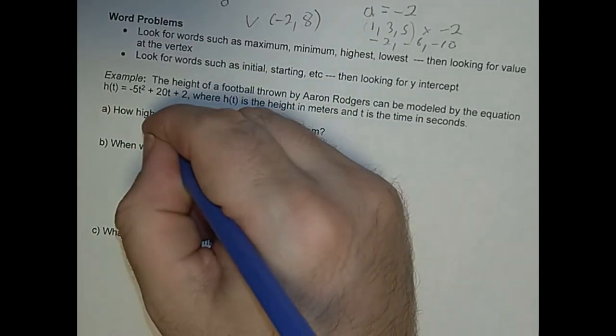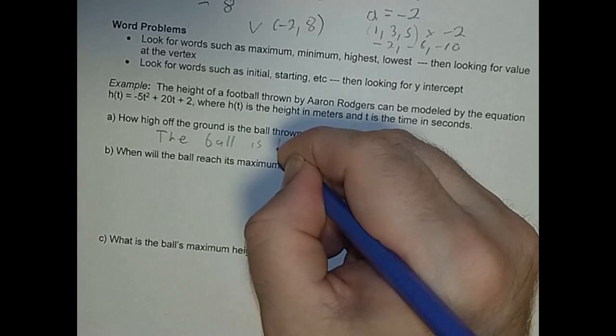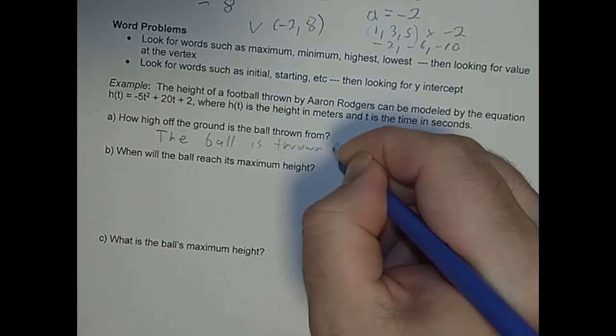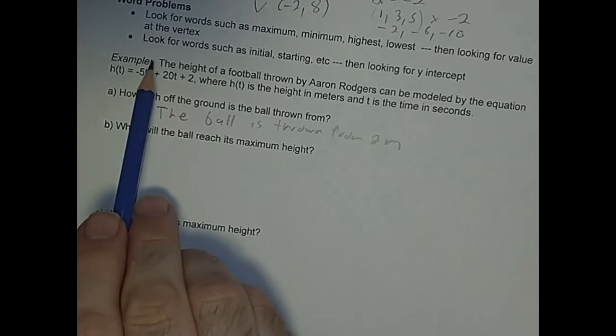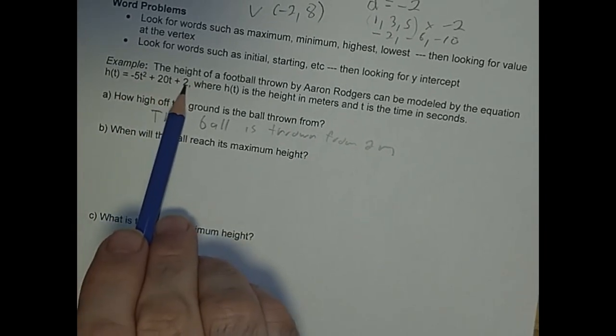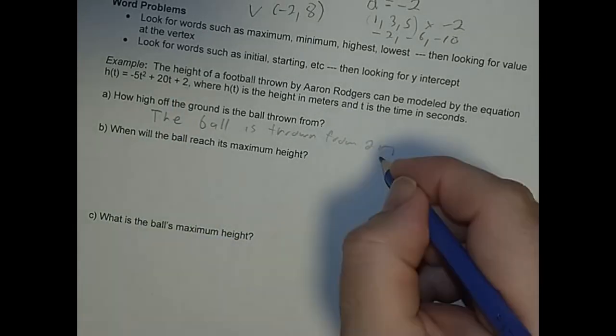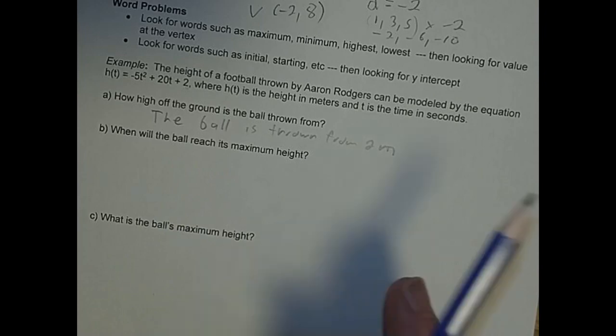It's 2 meters. So the ball is thrown from 2 meters. Now, another way is when time equals 0, that knocks out the other terms because they're 0. It's the number at the end.